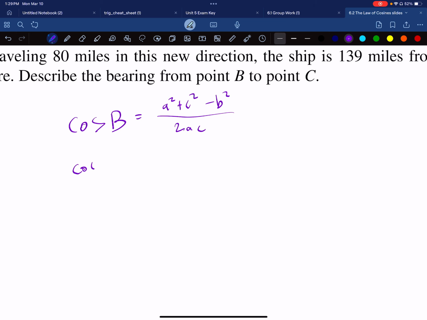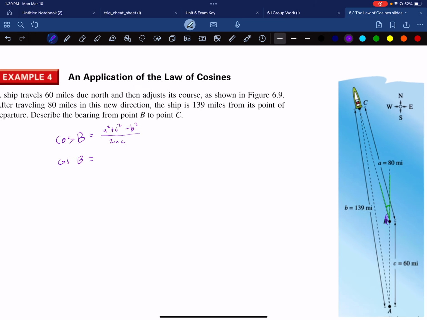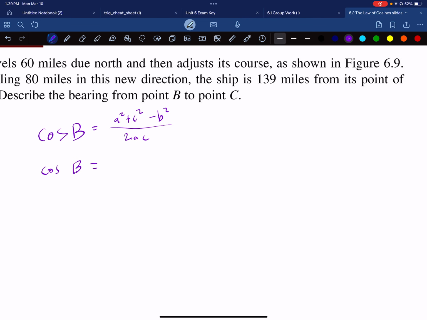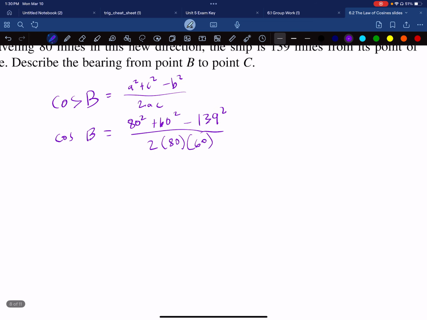All right, so cosine of B is a is 80 and c is 60, so 80 squared plus 60 squared minus b, which is 139 miles, squared, over 2 times 80 times 60. Then we want to isolate B, so we're going to take inverse cosine of that whole mess.